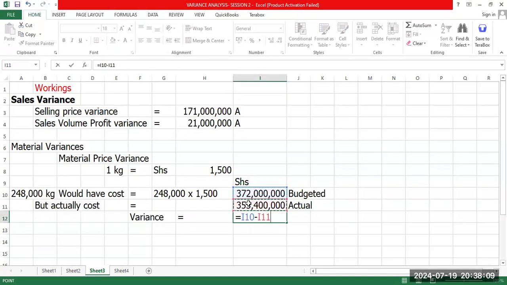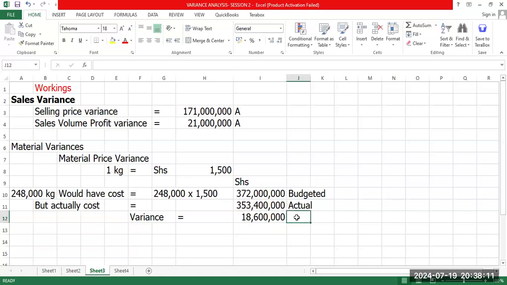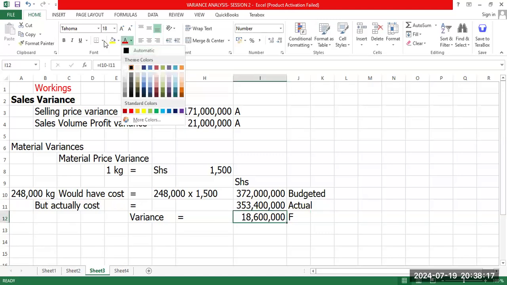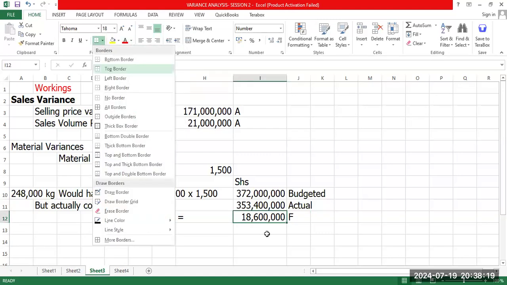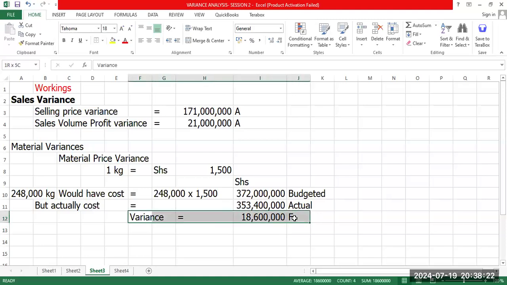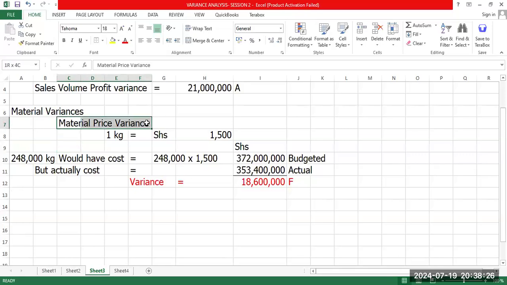This is favorable. And you're done with the first variance, the material price variance. We go to the next.